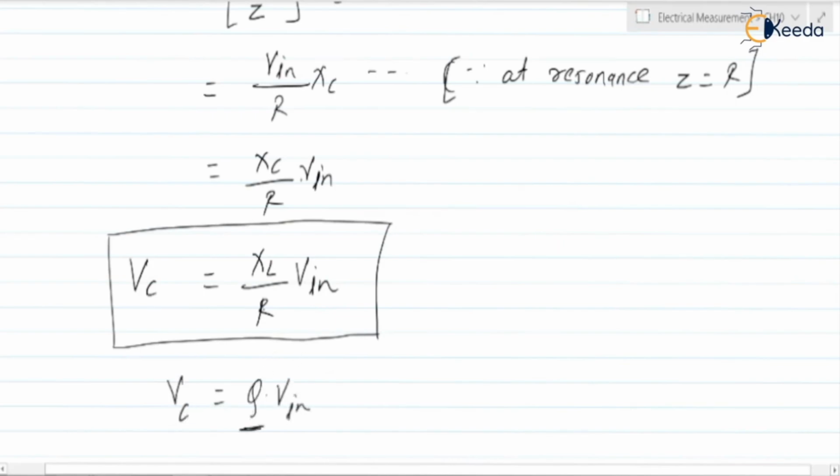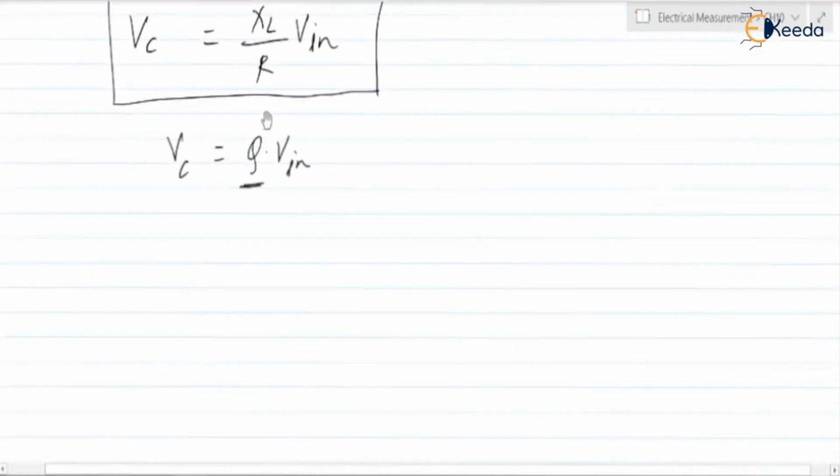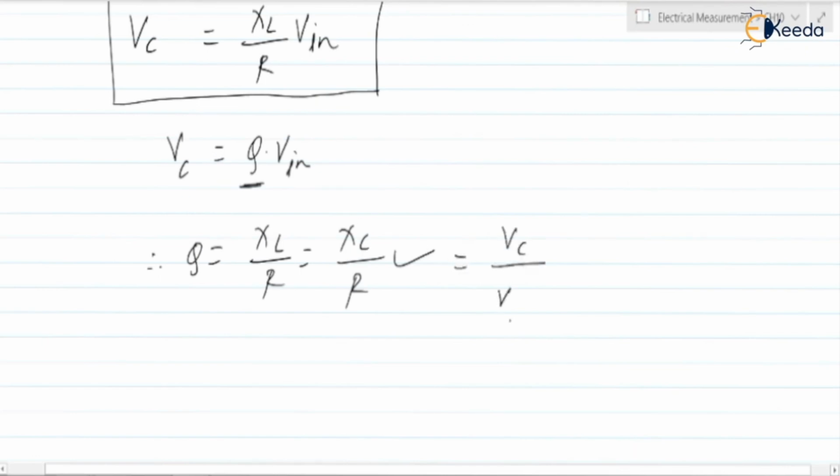So from this we can say Q is equal to XL by R, which is equal to XC by R. This is the Q factor, which is equal to VC by Vin, that is, the reading of the voltmeter across the capacitor divided by the input voltage Vin. So Q is equal to VC by Vin.